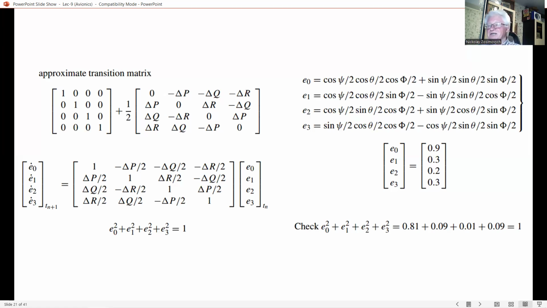Today, this is done without problem. The constraint equation, E0 squared plus E1 squared plus E2 squared plus E3 squared equals 1, is used to correct the transition matrix for the accumulated computational error in the integration process, to maintain the orthogonality of the computed axes.